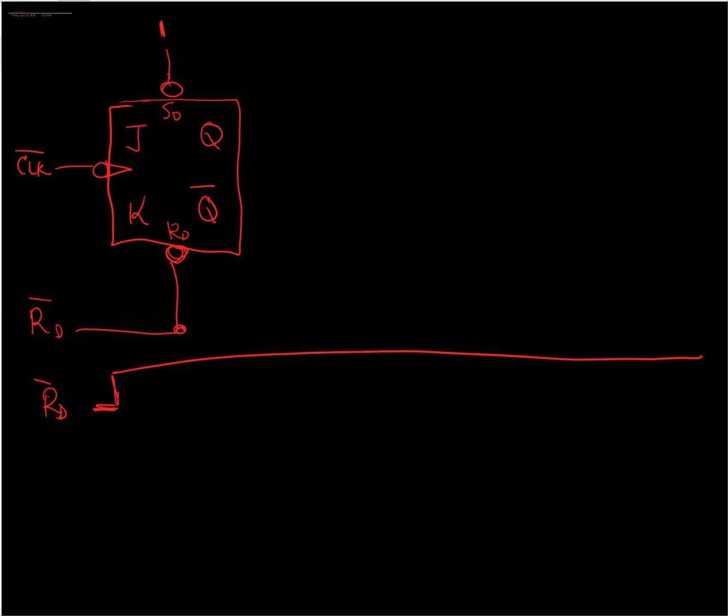For the J and K inputs, I want this flip-flop to be in the toggle state. So J and K would also be tied to a logic 1 or to 5 volts in the lab. And let's look at what this output Q0 would be. So let's color code this.